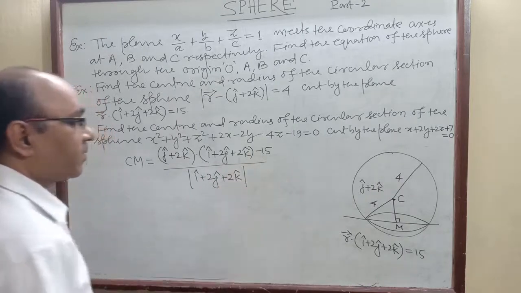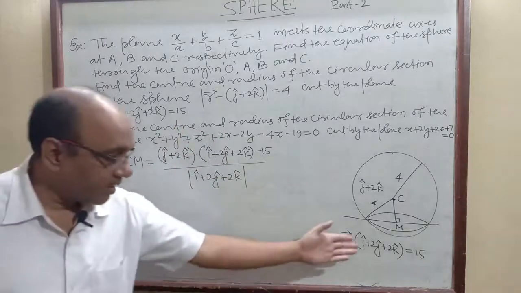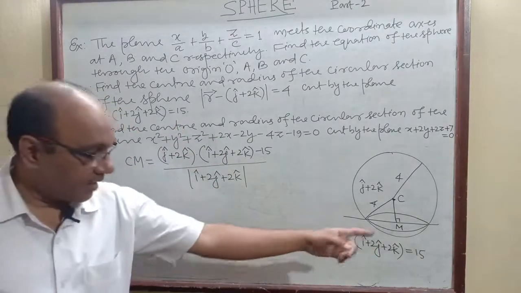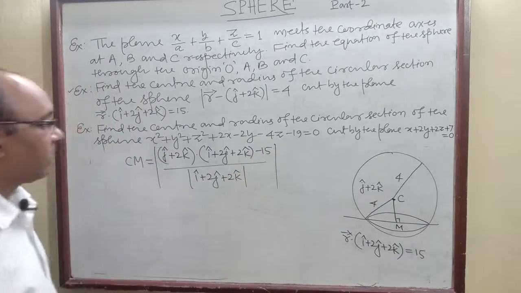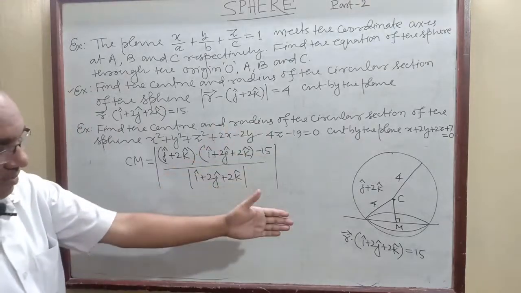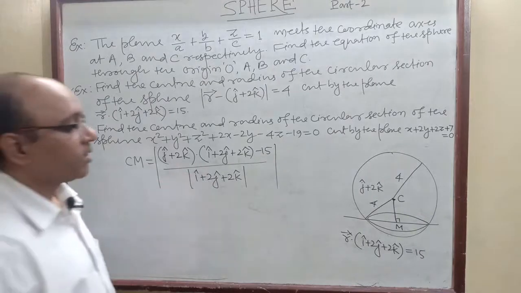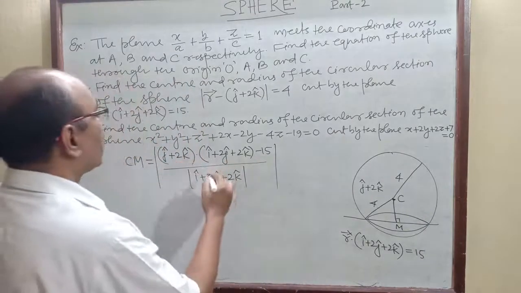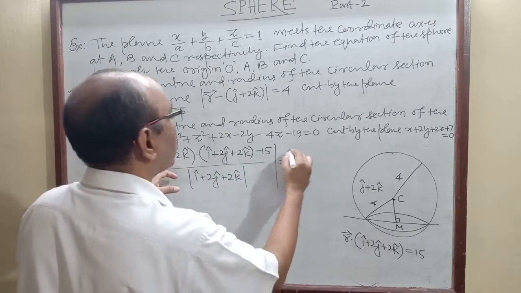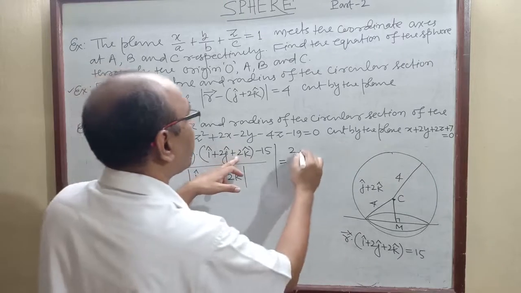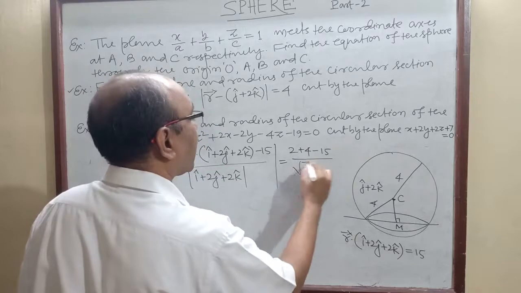We know the length of perpendicular from a point A on the plane r dot n equal to d is given by a dot n minus d by mod n. This magnitude will give you the length of perpendicular from the center on this plane. You must go through these results. What will be this dot product? X is not there, so 0, 1 into 2, 2, 2 into 2, 4, minus 15, by root 9.